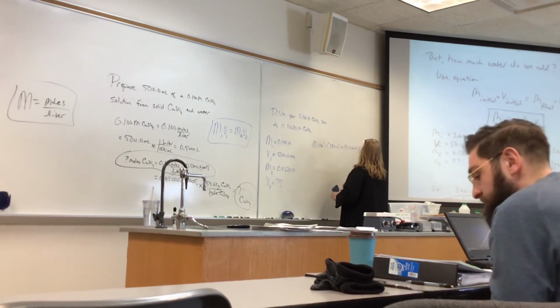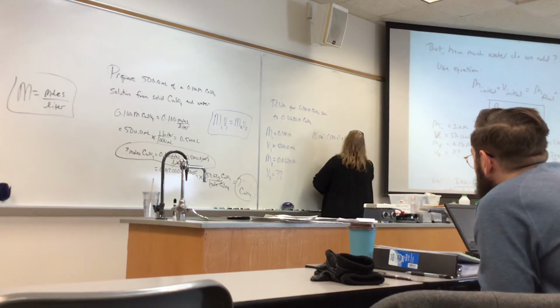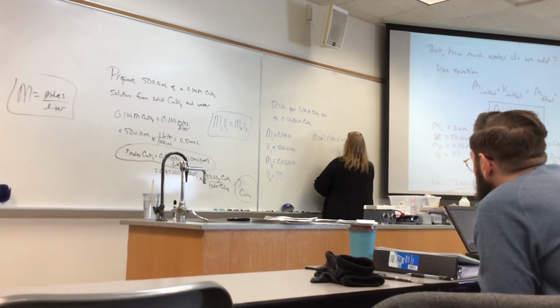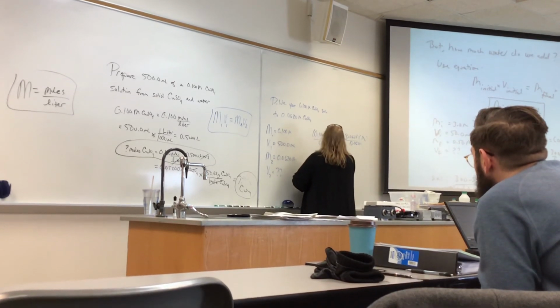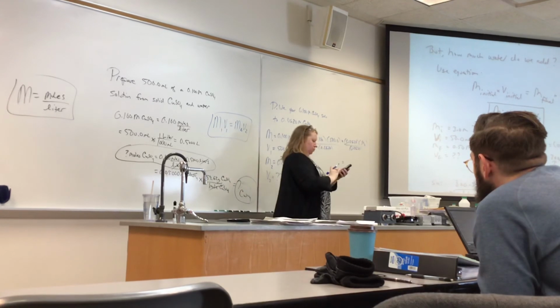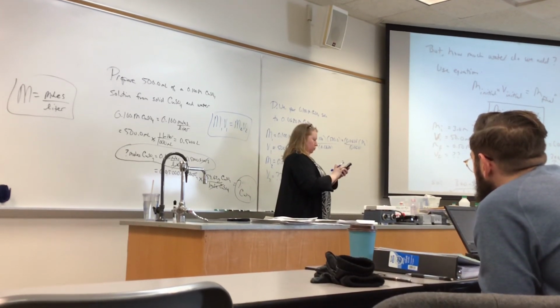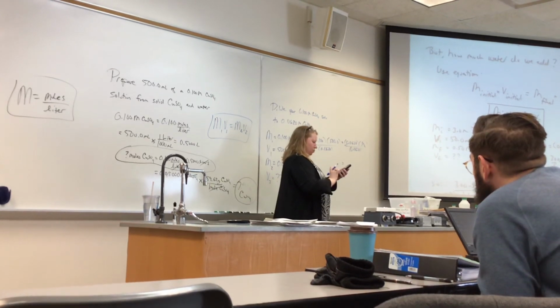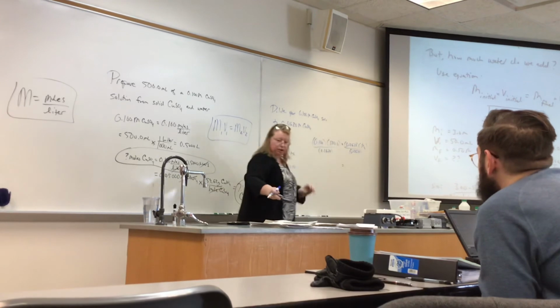So I'm going to put M2, of course, then I'm going to divide both sides by this. So my answer is going to be, okay, here's what I get in my calculator.